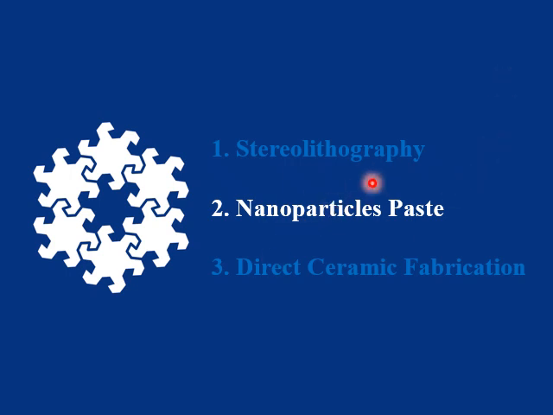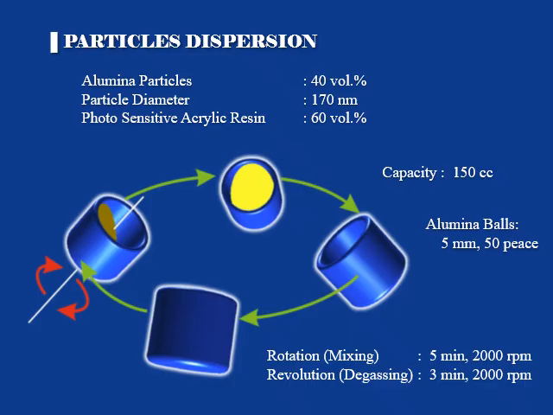Okay, the next process is a nanoparticle pasting process. Okay, we tried to increase the ceramic particle dispersion amount in the photosensitive resins. In this case, 40 volume percent alumina particles, with a particle diameter of 170 nanometers, were dispersed into photosensitive acrylic resins by using a rotation and revolution mixing machine.